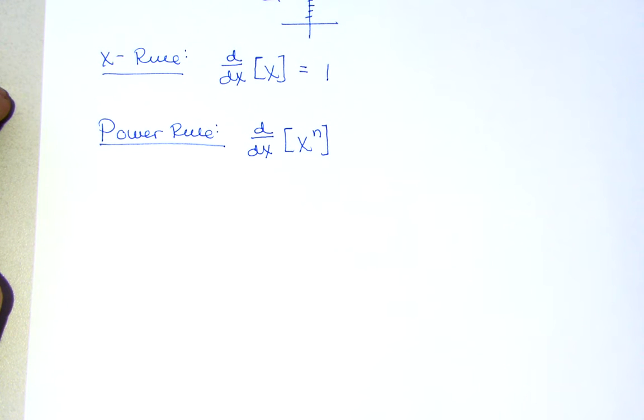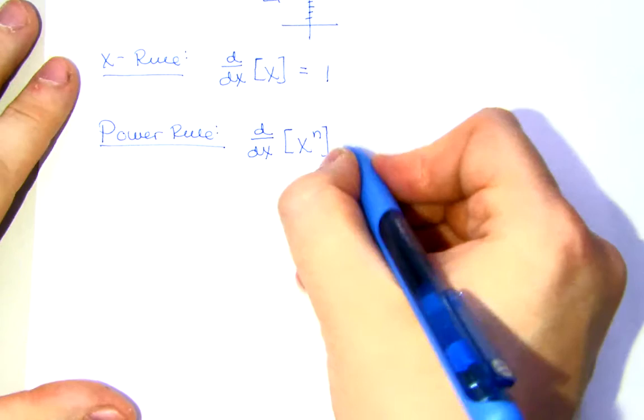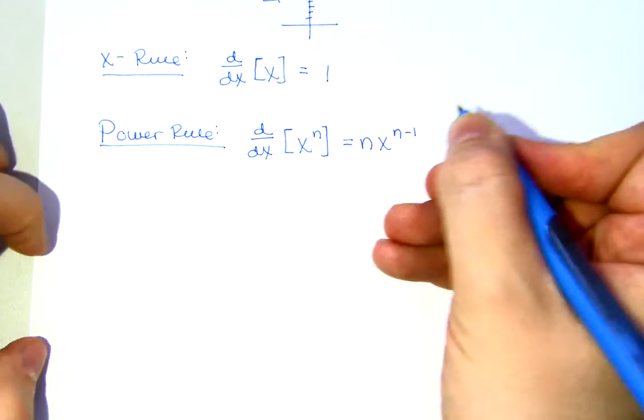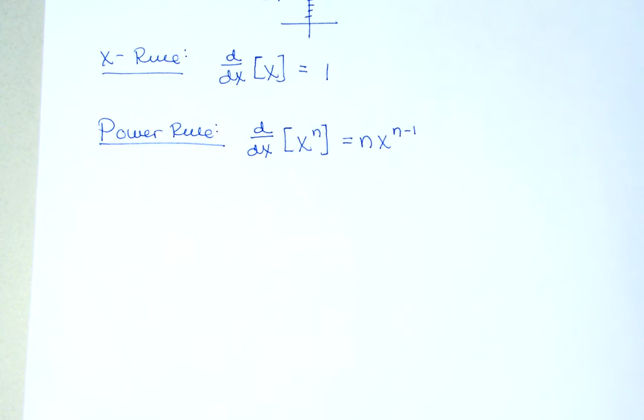X to the 100th would be a real pain to do with the formal definition. Here's our shortcut. This is going to equal n times x to the n minus 1. I'll show you why in a little bit.